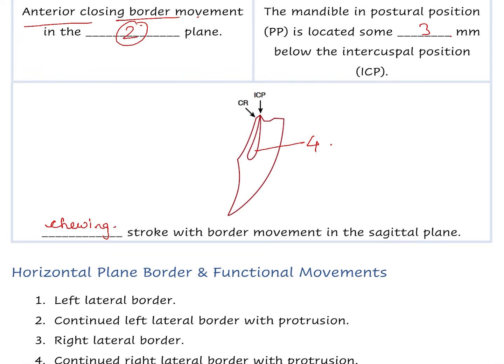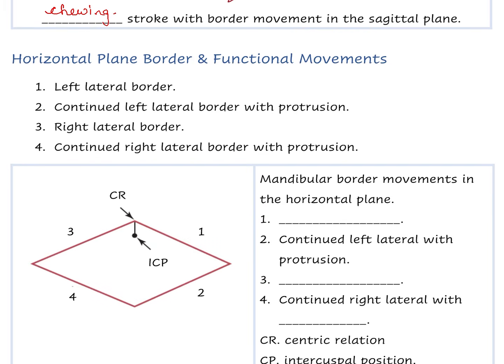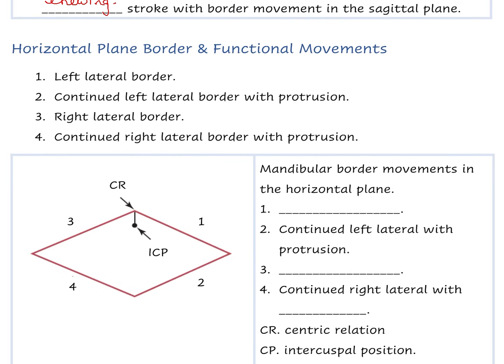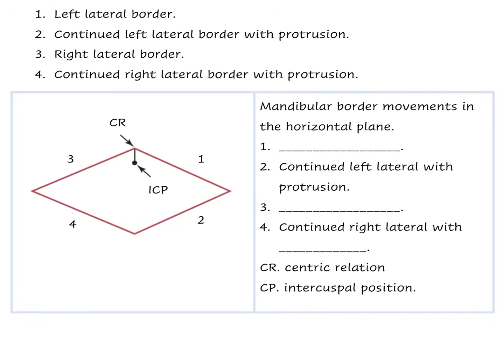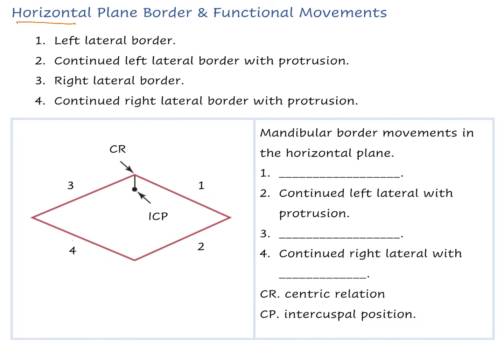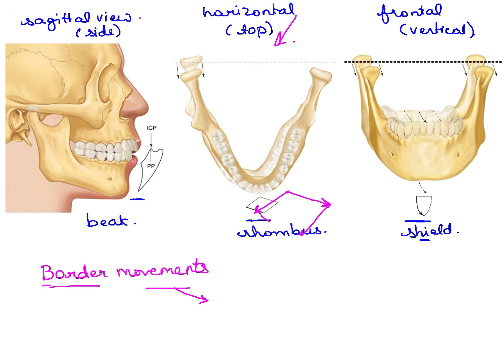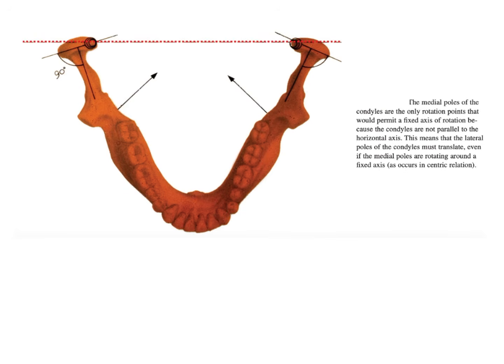Now likewise, we have to visualize this in the horizontal plane and in the frontal plane. So this is the horizontal plane, that means looking at the jaw from the top. There are four things to see: left lateral border, and then continued left lateral, right lateral, and continued right lateral with protrusion. To understand this better, let's take a look at this image over here.